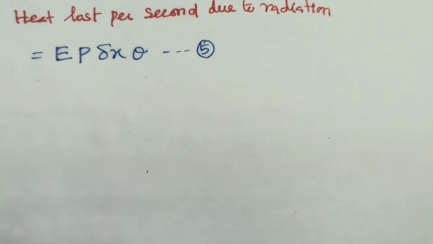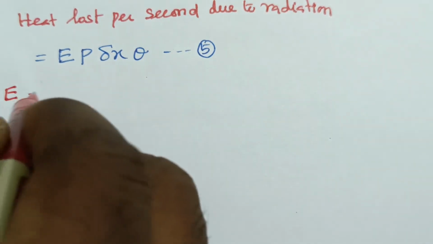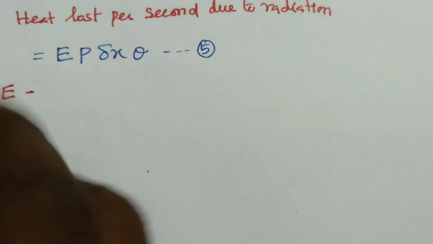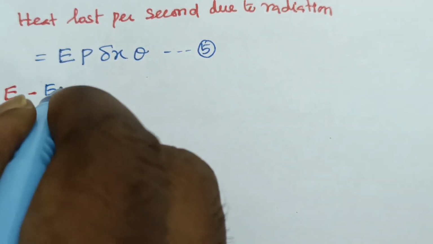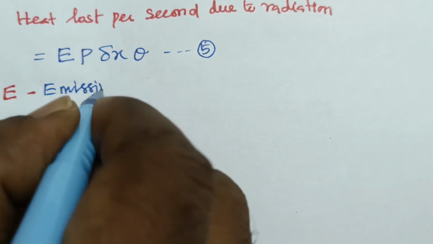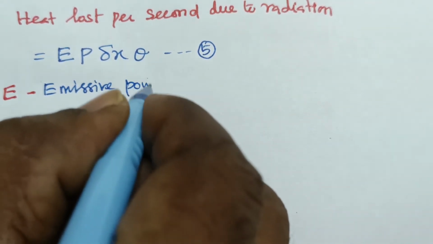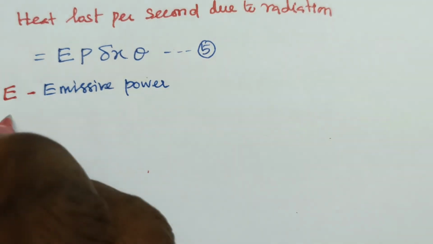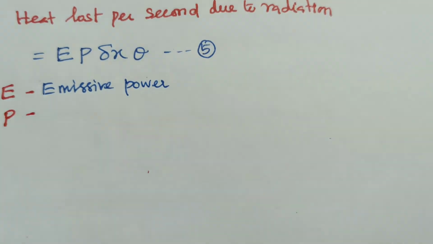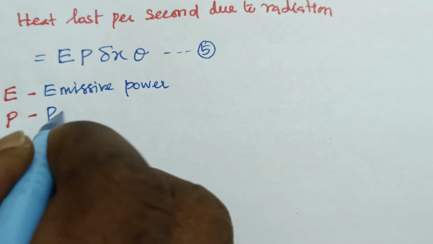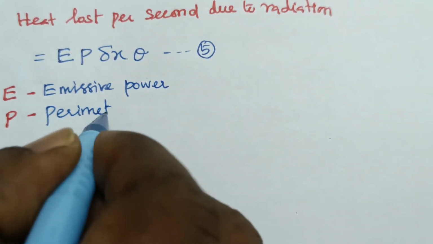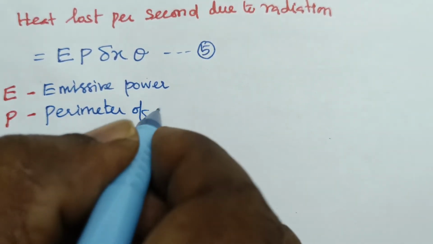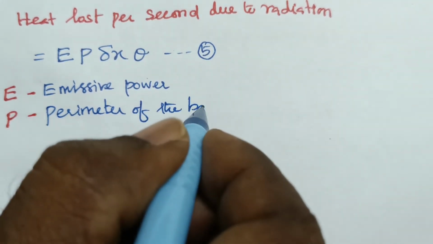So what is E? E is emissive power of the surface. Then what is P? P is perimeter of the bar.